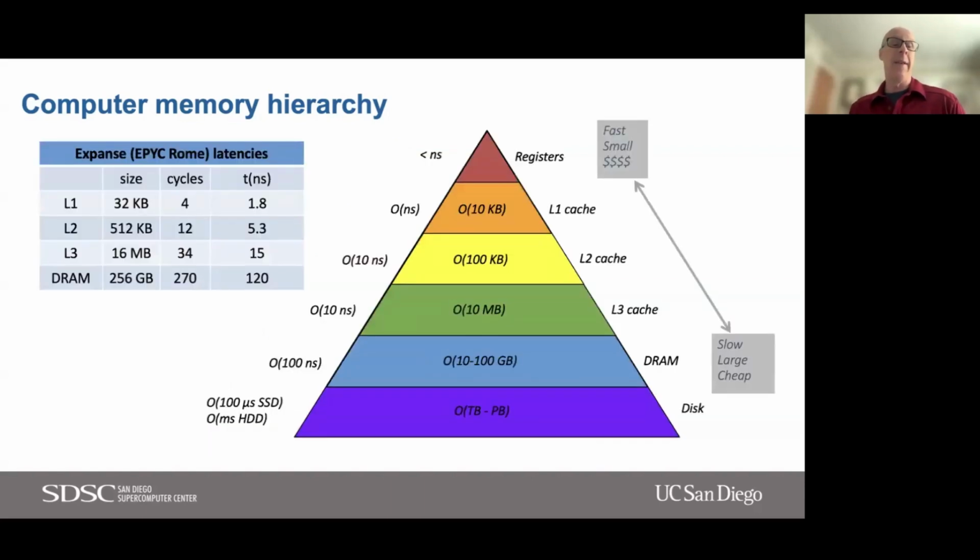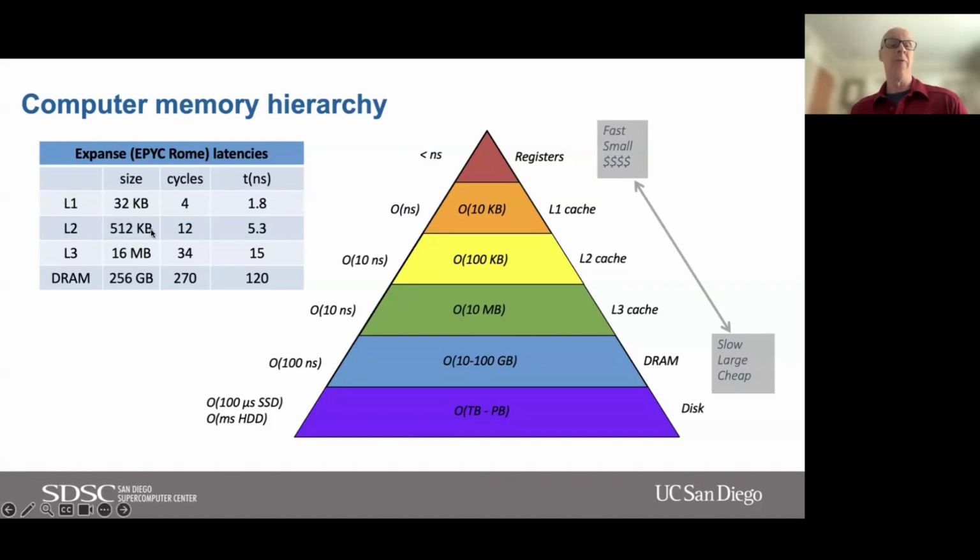So, giving some specific numbers for Expanse. This is for the AMD EPYC Rome CPUs that we have. I'm showing here the L1, L2, and L3 caches. So L1 has capacity of about 32 kilobytes. And if data is in the L1 cache, it's going to take 4 clock cycles, or about 1.8 nanoseconds, until that's available to the CPU.